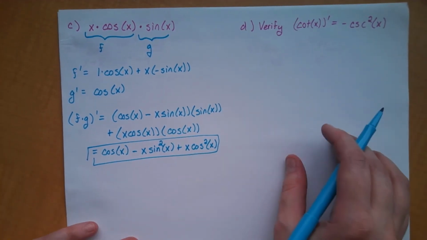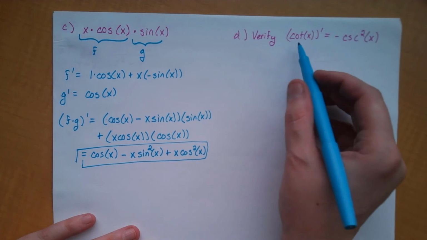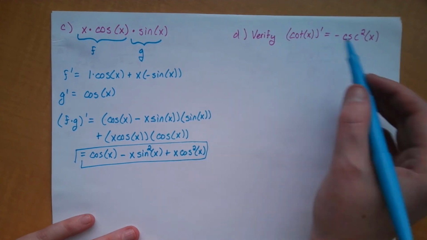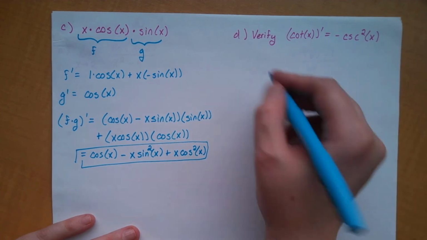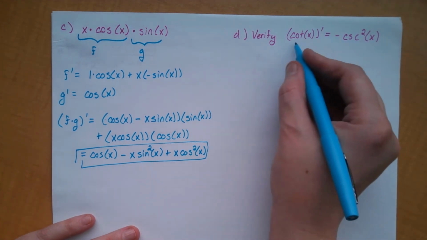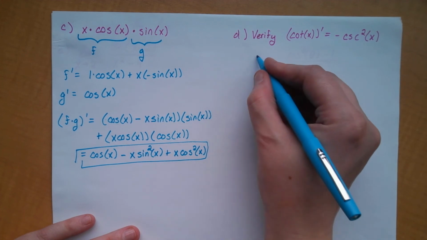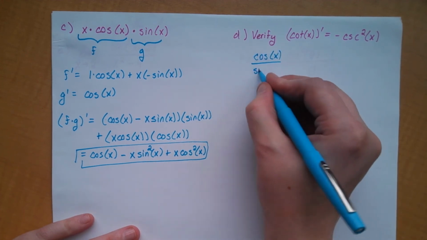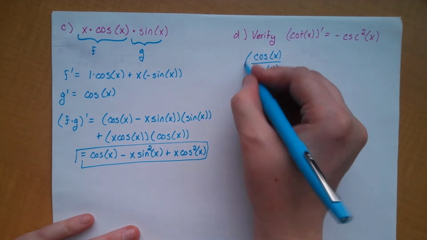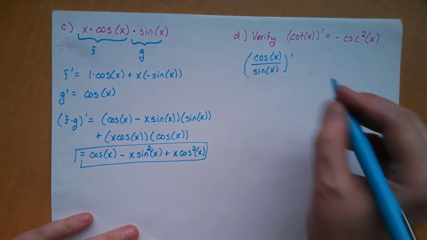Alright, the next one is that we actually want to verify something. So let's try to verify that the derivative of cotangent is in fact negative cosecant squared x. So what we can do is go ahead and let's rewrite cotangent as cosine x over sine x. We want to find the derivative of this guy.